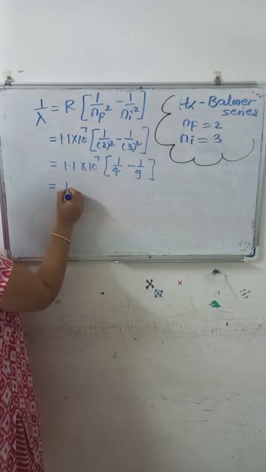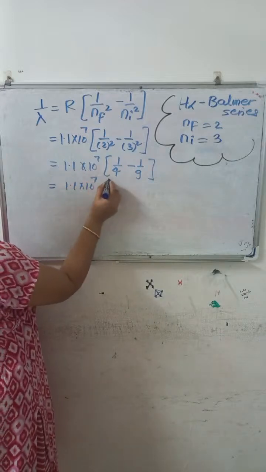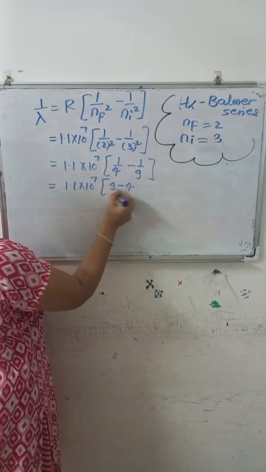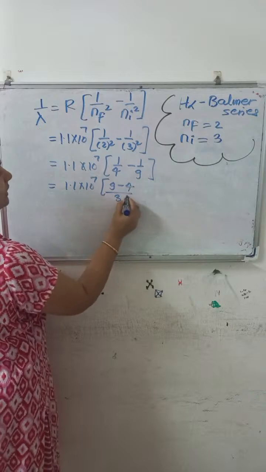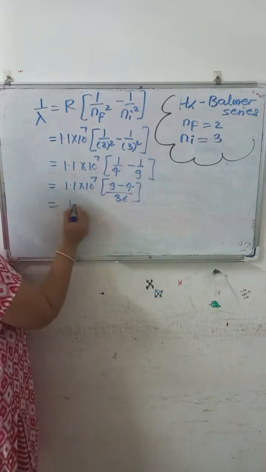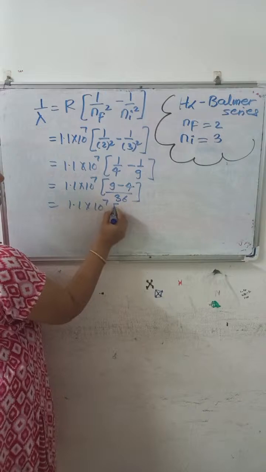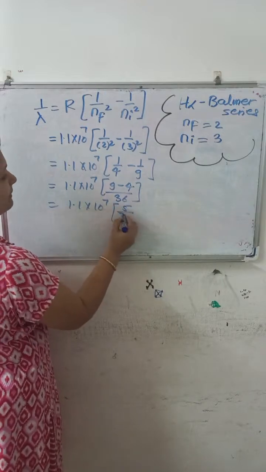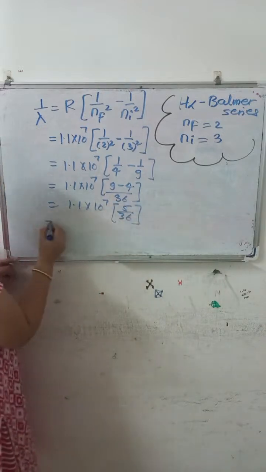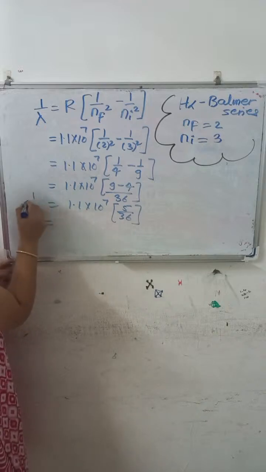Simplify this: 1.1 into 10 raised to 7, into 9 minus 4 over 36. 9 minus 4 is 5 by 36. This is nothing but 1 upon lambda.